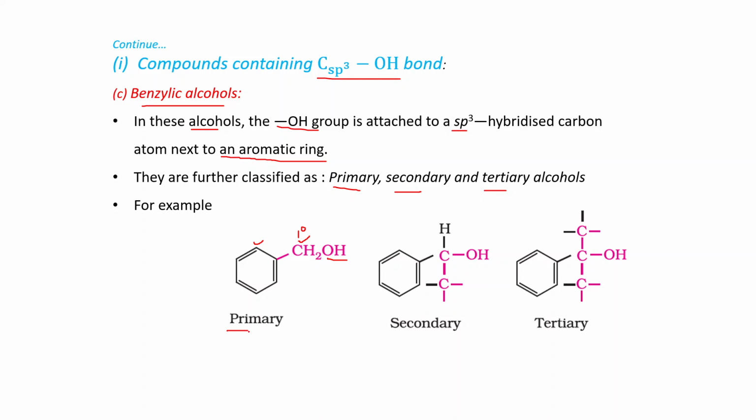That's why this is primary benzylic alcohol. Now this carbon next to this aromatic ring is secondary. That's why this is secondary benzylic alcohol. This carbon is tertiary carbon, sp3 carbon and next to this benzene ring. That's why this is tertiary benzylic alcohol.